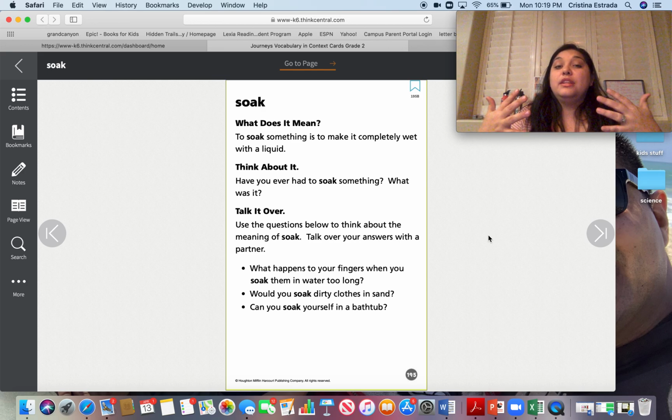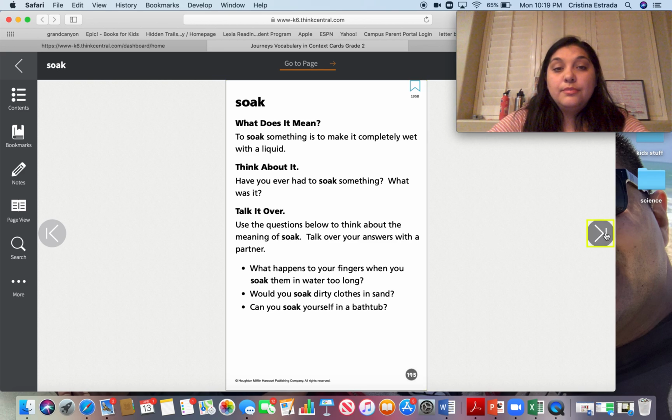That's a way that we can think of what happens to our fingers when they get soaked. Think about also dirty clothes. What would happen to them if they soaked in sand? And also another thing to think about is, can you soak yourself in the bathtub? Those are different ways of talking about it. So you might share that with someone.